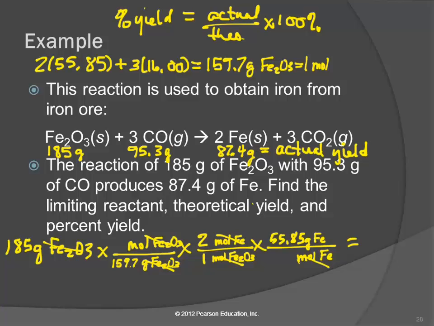And we're good. And then we calculate 185 divided by 159.7 times 2 times 55.85. And that would have three significant figures. So 129 grams of iron.